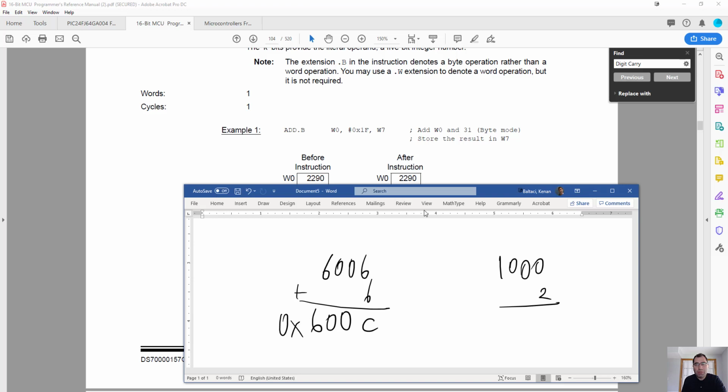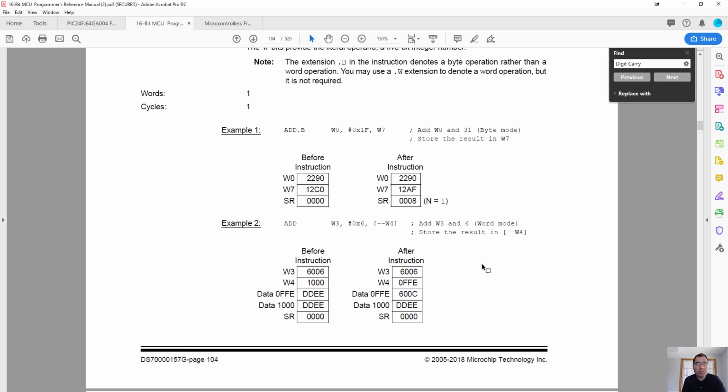I'm doing this in hexadecimal, so you can do it yourself or use a calculator and you will see that's what you get. That's why W4 content changes from 1000 to FFFE, because 1000 minus 2 is FFFE.